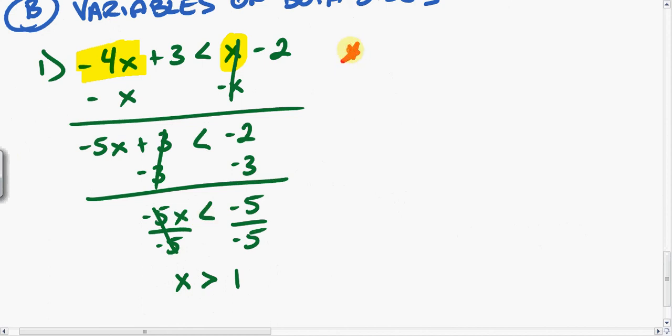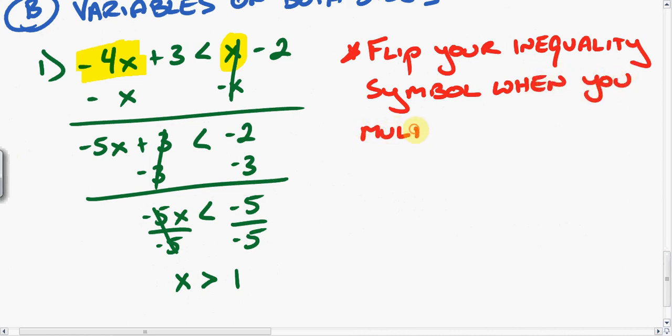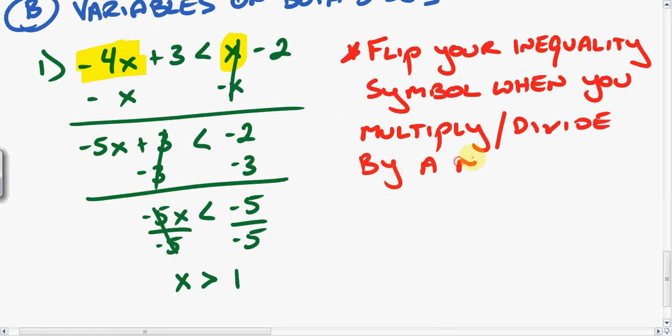I'm going to put that little note up here because it's pretty important. You're going to flip your inequality symbol when you multiply or divide by a negative.